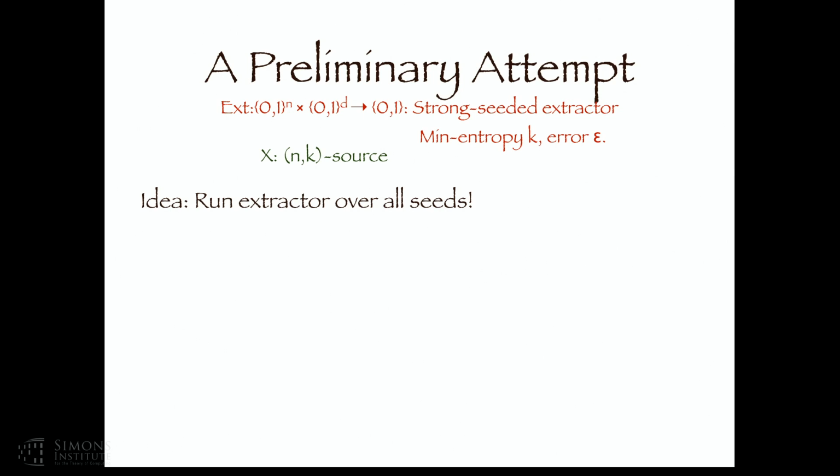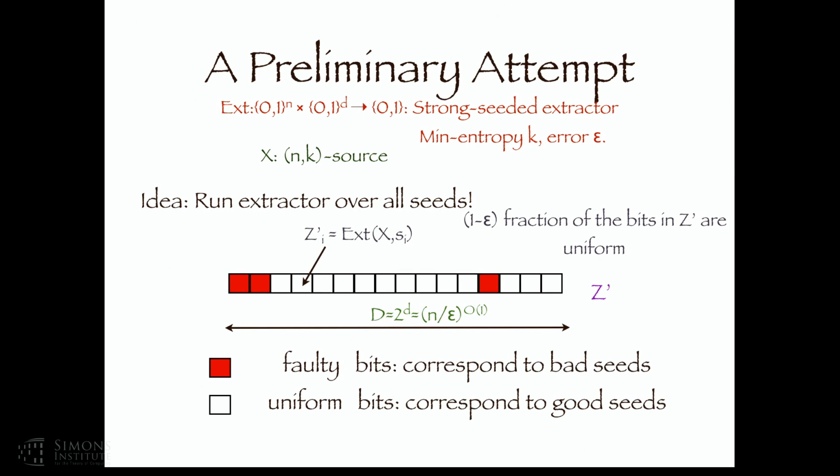So just run over all the seeds, and since the extractor outputs 1 bit, the ith coordinate of this long string corresponds to the extractor run on the ith seed. It gets one sample from X and runs over all the seeds. So you brute force over all the seeds. It's important that you do not get a uniform seed.